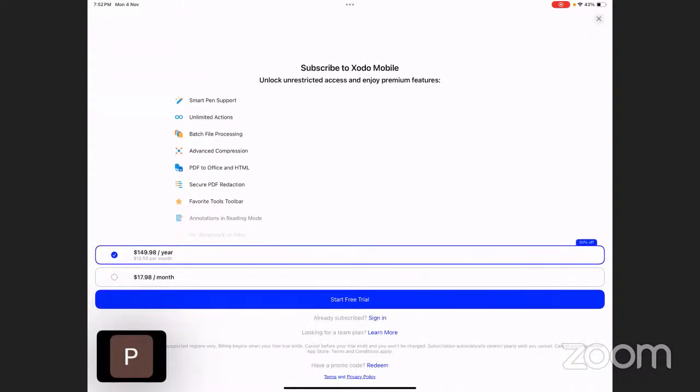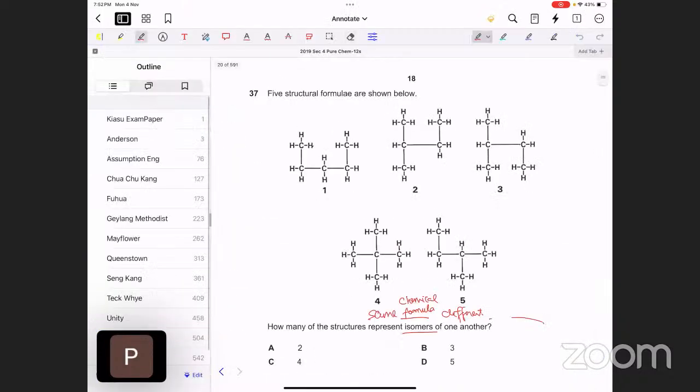Now let's put it into words that we can understand. Chemical formula is your C something, your H something, your O something. So the number of C, H, and O will be the same. But different structural formula, in some sense, means different drawings.